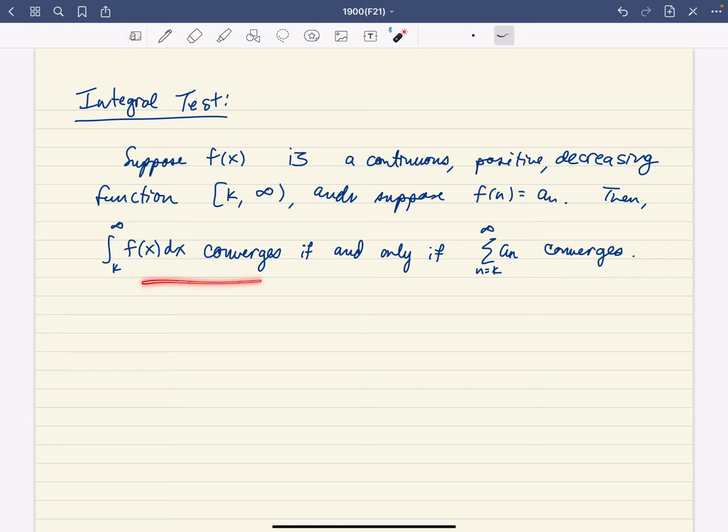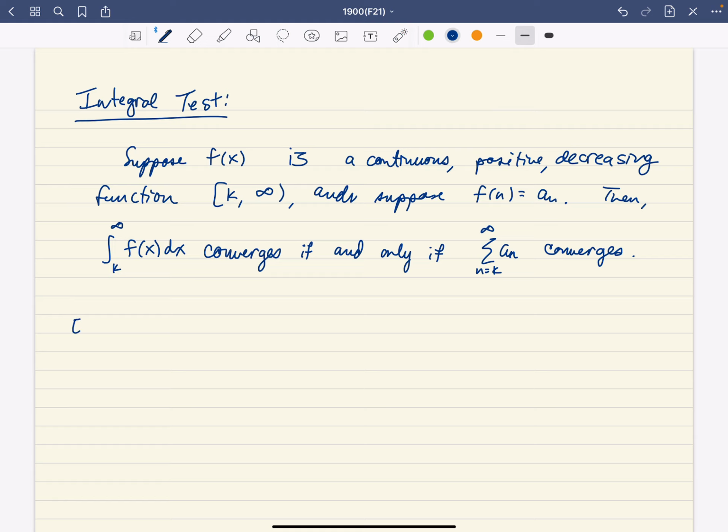It says if one converges, so does the other. But it also says if one diverges, so does the other. In other words, either they both converge or they both diverge. So that's what the integral test says. Whatever happens to one happens to the other.